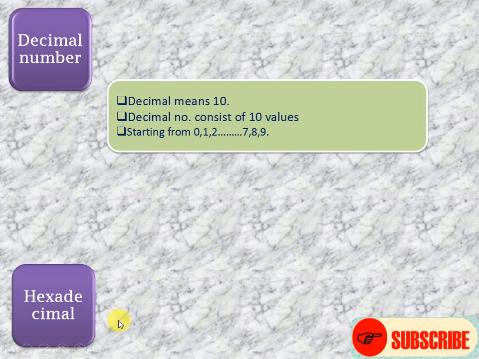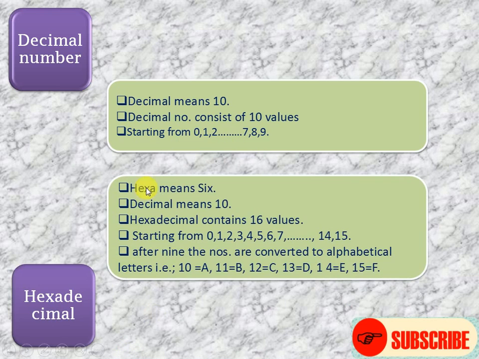Next is hexadecimal number system. Now in hexadecimal, hexa means 6, decimal means 10. So hexadecimal contains 16 values, 10 plus 6, 16 values starting from 0 to 15.